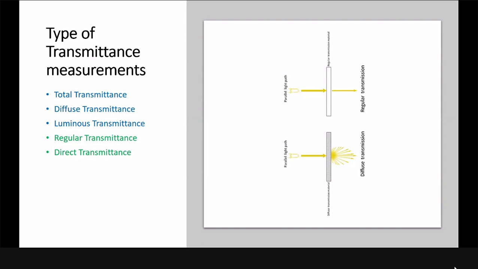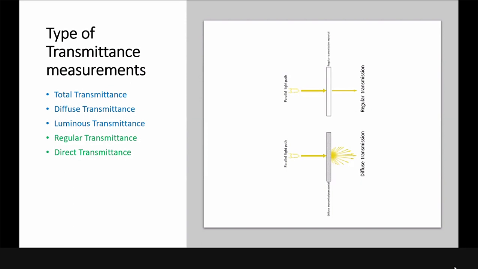And below, we can see the light beam is coming straight as in our picture. But once it touches the material or object, it is refracted into multiple light beams. It is because of reflection or diffusion, so we call it diffuse transmission.